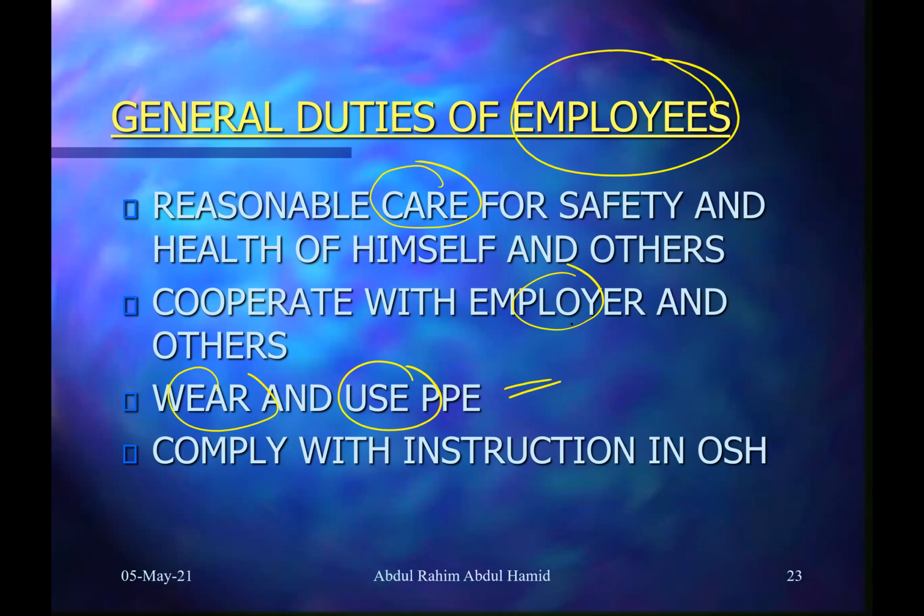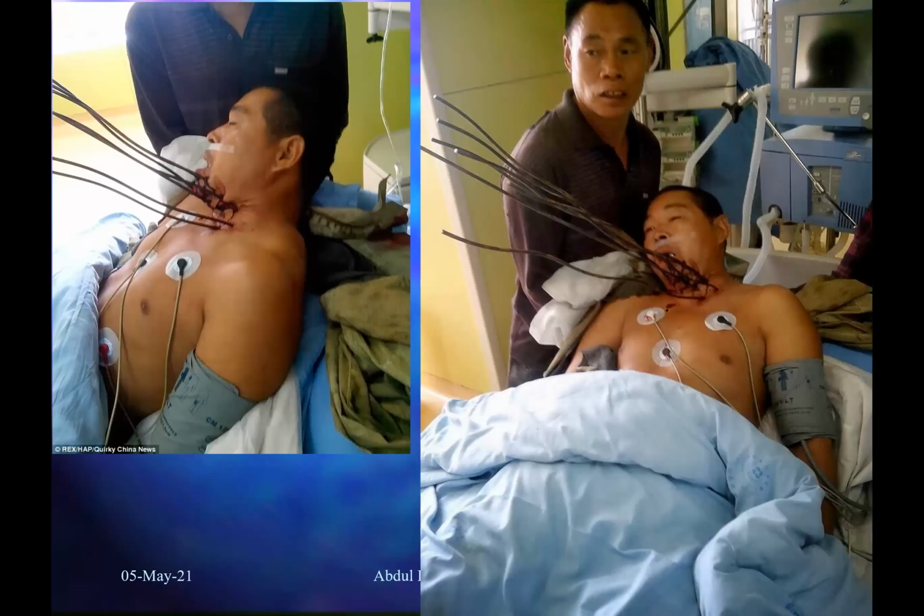Okay, so if you do not comply with this, then the employer can take action. And if the authority knows you are doing this kind of thing, then you will get into trouble with the authority. That is another matter. Example, the workers. Well, an accident happened.